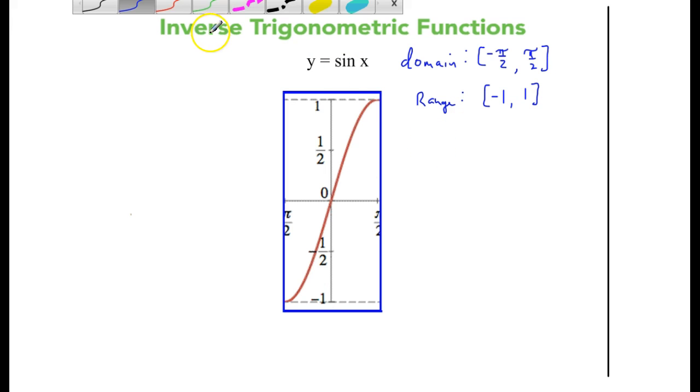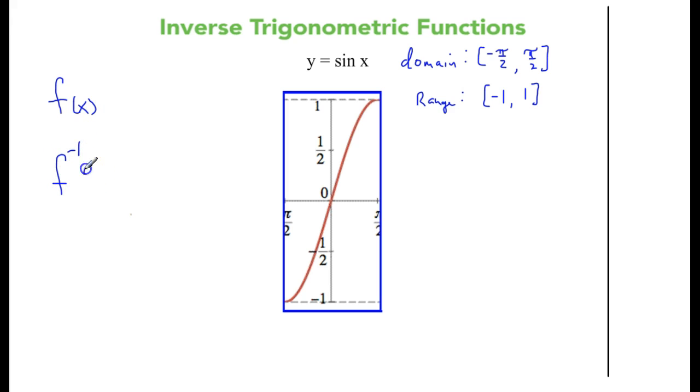Now if you remember with function notation, f of x was the name of our function. Our inverse function we called f inverse, and we used that notation. Well, here we're saying sine of x is our original function that has this domain and this range. So all we're going to do is put this little negative 1 above the sine, and that will be the notation for the inverse sine.